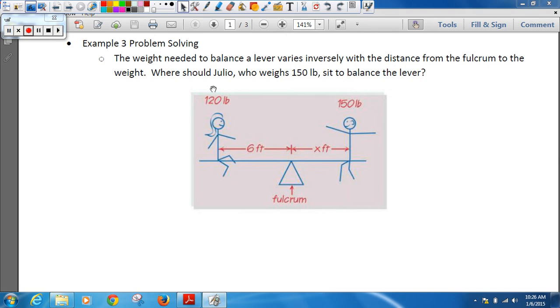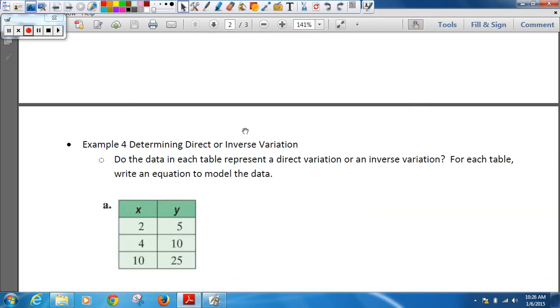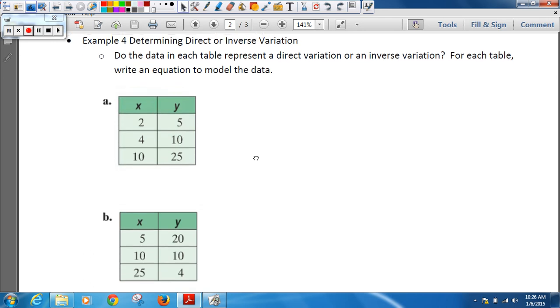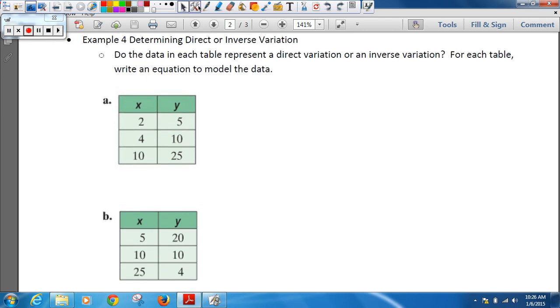If we turn the page, we will get to look at example number 4. It says we want to determine if it's a direct or an inverse variation. Do the data in each table represent a direct variation or an inverse variation? For each table, write an equation to model the data.